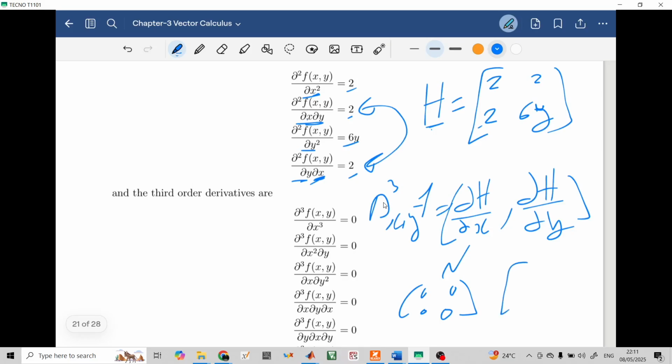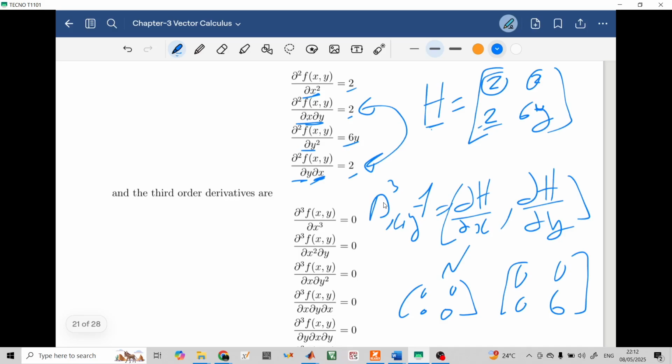So the derivative of the first element is 0 with respect to y. The second element is 0. This is 0, and here it is. So this is 0, and let's write it in a nice way. Right. So 0, and this is 6.